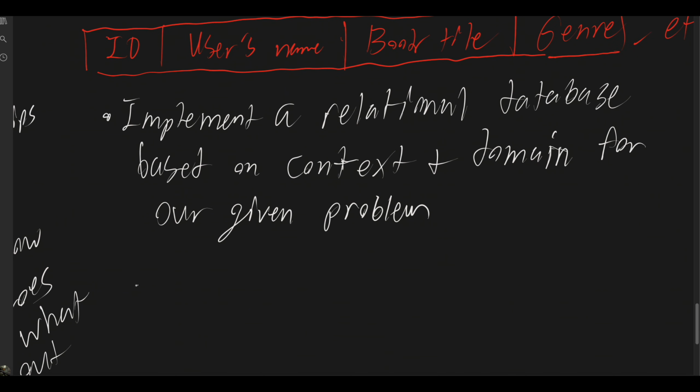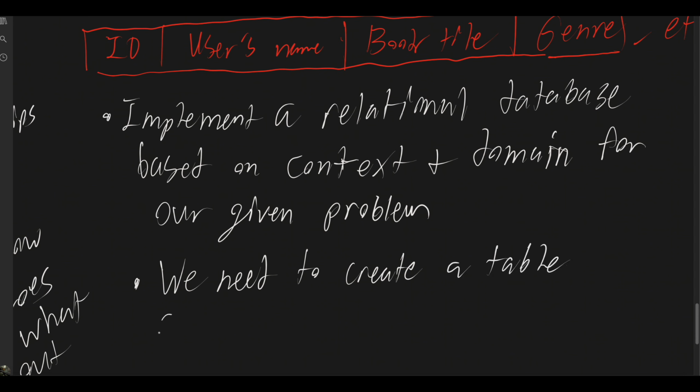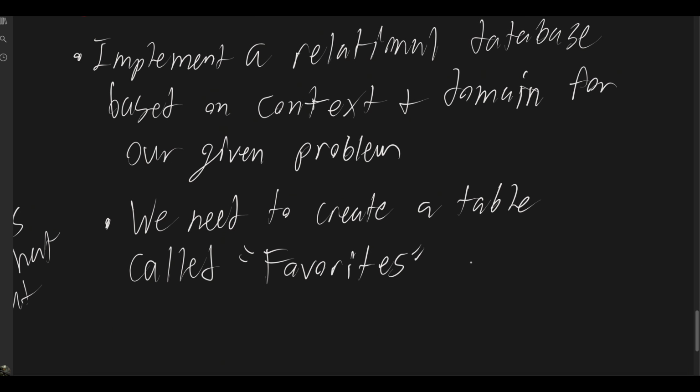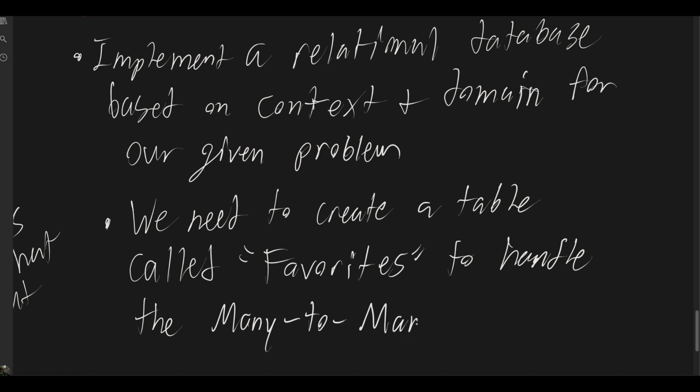So what we need to do in this example is create a table called favorites to handle the many-to-many relationships.